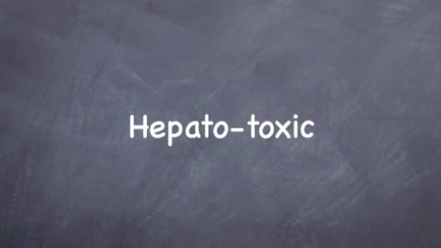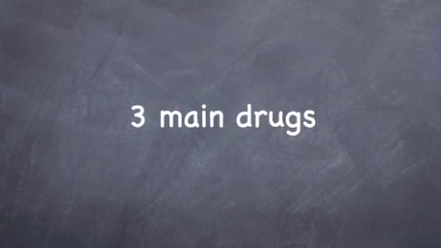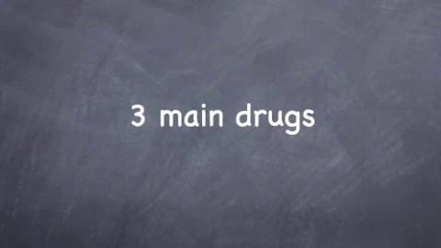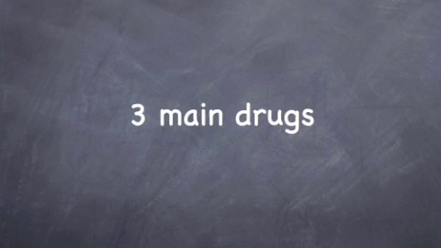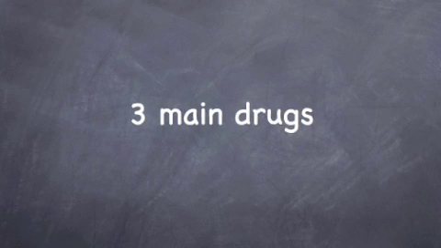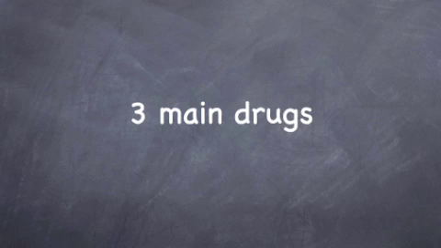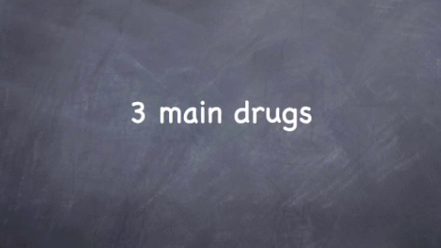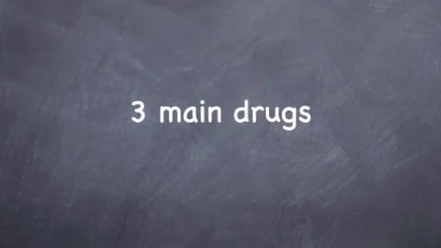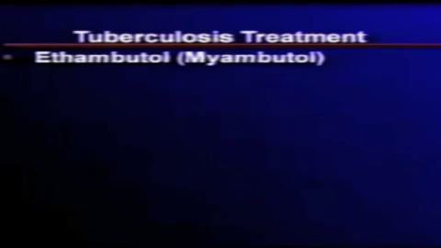Now, there are 3 drugs that are mainly used, 3 of the major drugs. There are others that are used. If the client is non-compliant with this regimen, then they go to those drugs that are not as effective. But the ones that are the most effective are ethambutol or Myambutol.